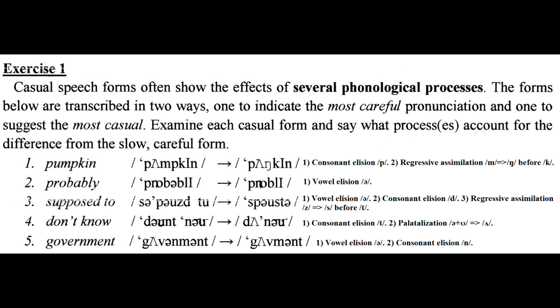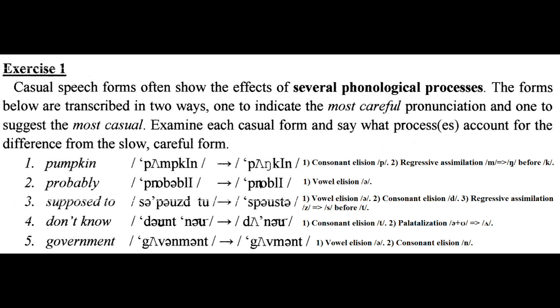Okay? So the first word is the word "pumpkin". The slow one is "pumpkin", but the casual one is "pungkin". Here in this word, we notice two processes. The first process is consonant elision. We have the consonant cluster m, p, k within the word, and we omit the p.